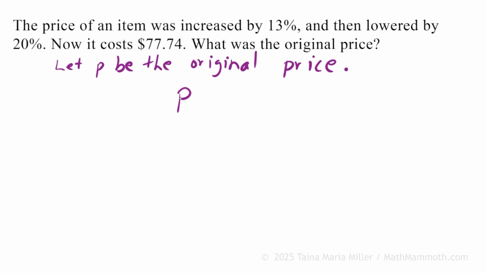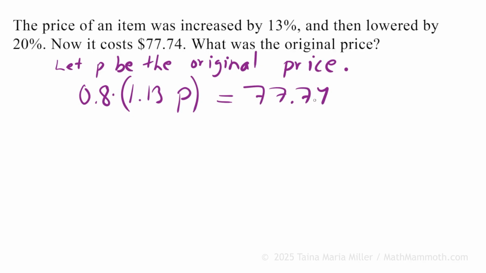When the price of an item is increased, it becomes 1.13 times what it was. So this is the price after the increase. Then this gets lowered by 20%, which means I multiply it by 0.8 to get the new lowered price. 0.8 times this, and now it costs 77.74.